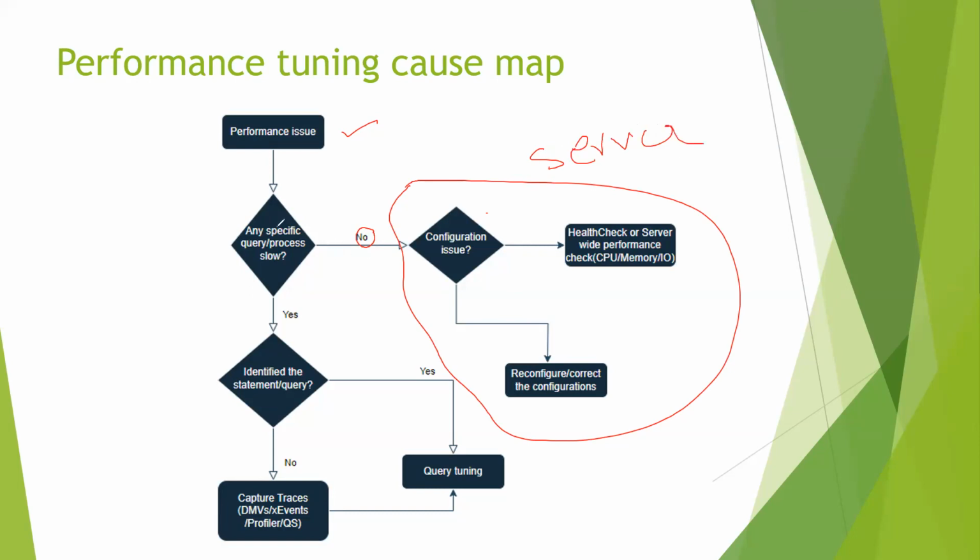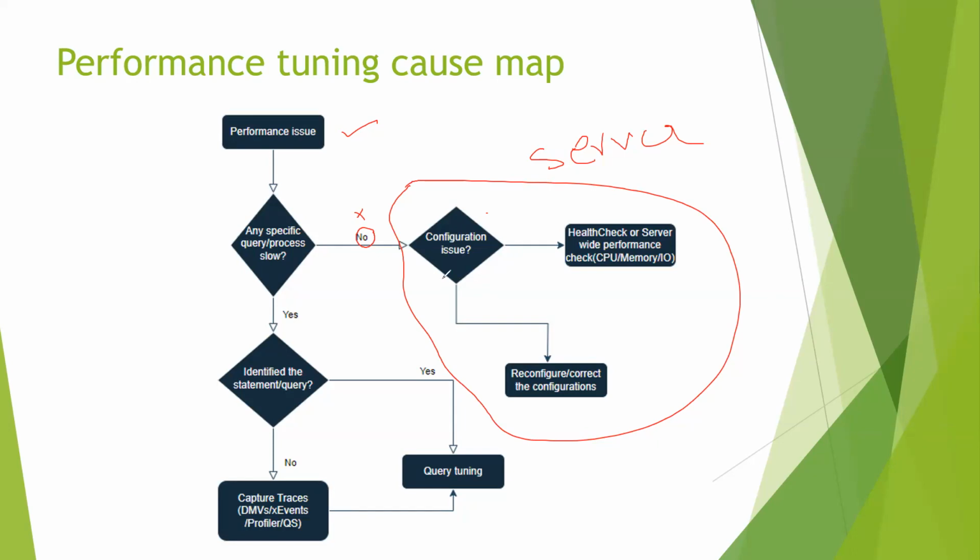So we'll have to see if there is any specific query slowness. If there is no specific query issue, then we'll have to see if there is any configuration issue. So what does it mean by configuration? Configuration can be anything. For example, let's say Tempdb, right? You have not configured it properly. We will talk in detail later about what configurations mean with respect to Tempdb.